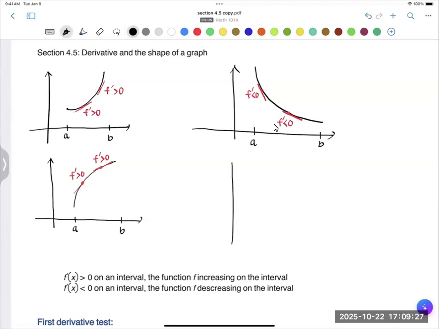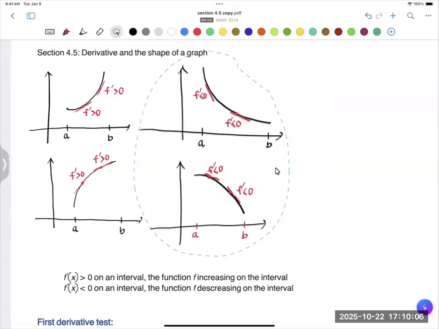In one more case, we may have the line going down this way, but look at the slope: it is also downward, so the slope is also negative between A and B. From these two pictures, if the slope is negative on the whole entire interval, then we can say the function is decreasing on that interval.